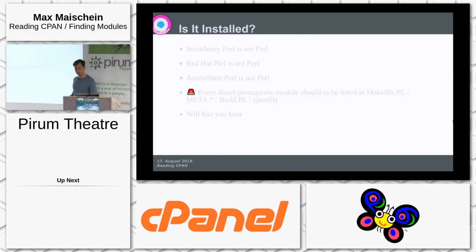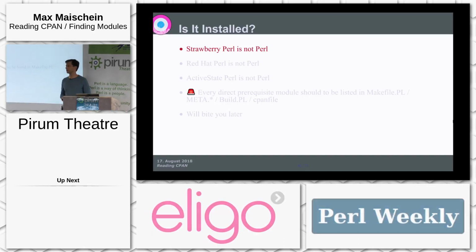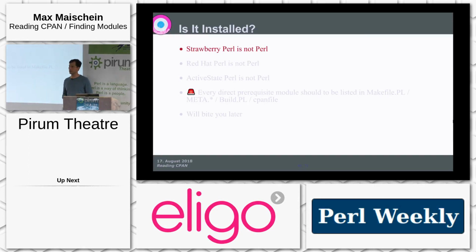So something more about installation. Depending on your ecosystem, you may think that some modules are always there, but they are usually not. Strawberry Perl includes a lot of modules that are not available elsewhere by default. Red Hat goes the other way and doesn't include modules.